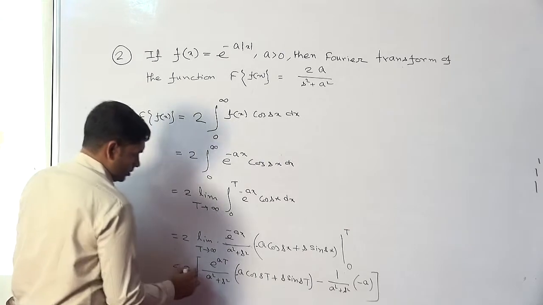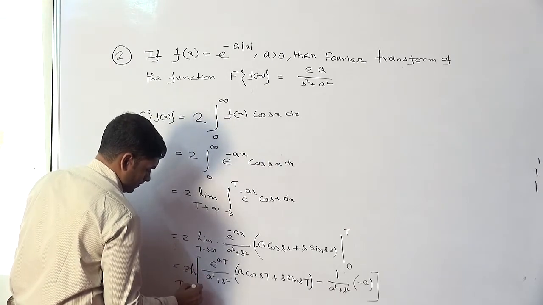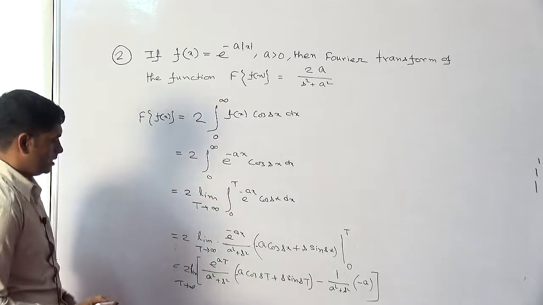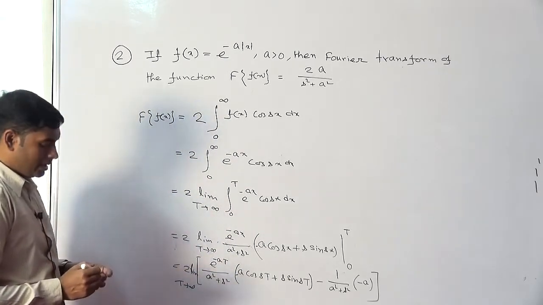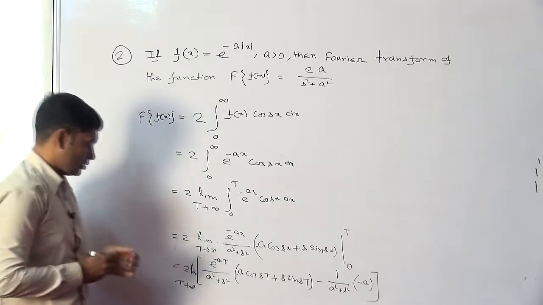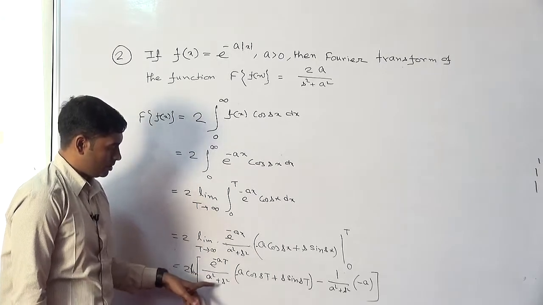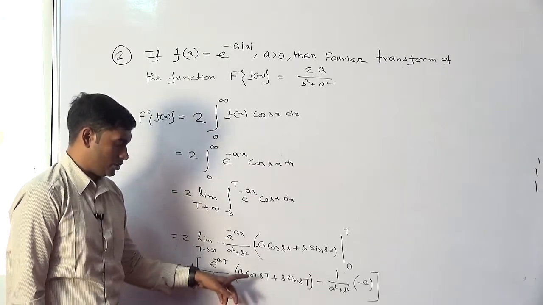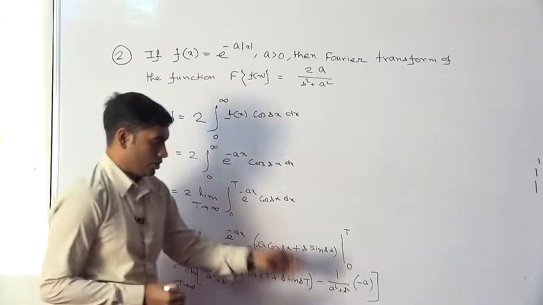Here we also forgot to write the limit as t tends to infinity. So ultimately the integration becomes twice the limit as t tends to infinity of e to the power minus at over a squared plus s squared, times minus a cos(st) plus s sin(st), minus this one.